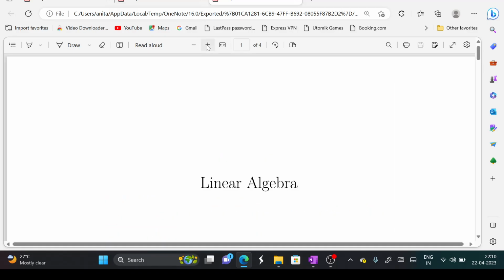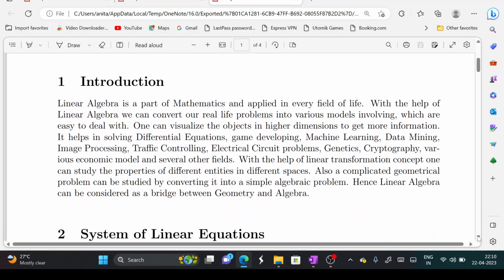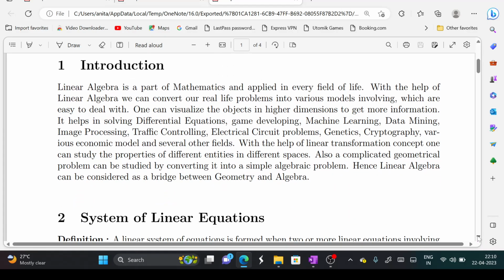The basic aspects of linear algebra are mainly these. Linear algebra is a part of mathematics and is applied in every field of life. With the help of linear algebra, one can convert real-life problems into various models, involving which several concepts can be simplified.